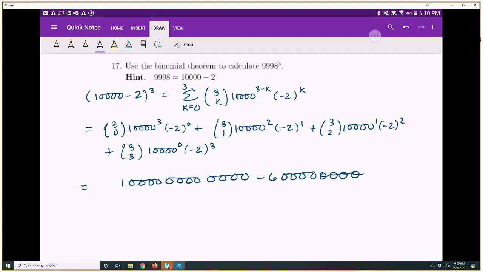And then 3 choose 2 is 3. Negative 2 squared is 4. So we get 12 followed by 4 zeros. And 3 choose 3 is 1. 10,000 to the power 0 is 1. Negative 2 cubed is minus 8. So this ends up being 999,400,119,992.